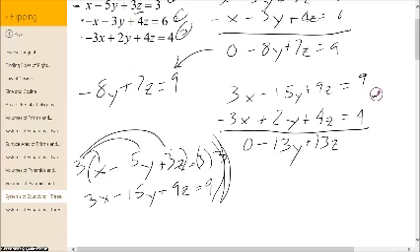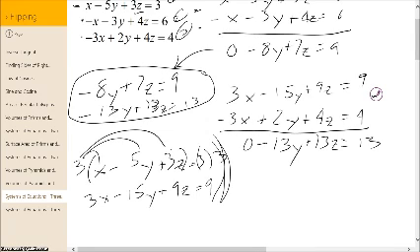And then 9 and 4 together give us 13. Okay, so I've manipulated equations number 2 and number 3 to give me negative 13y plus 13z equals 13.